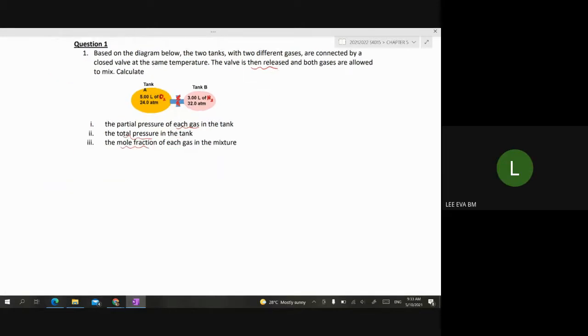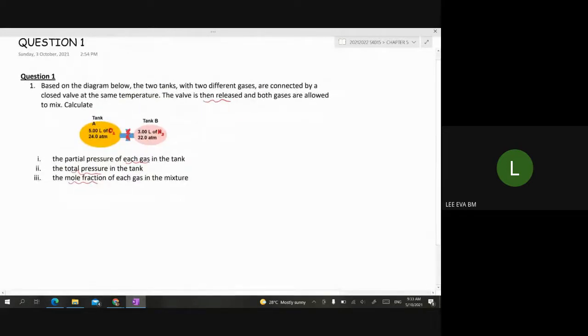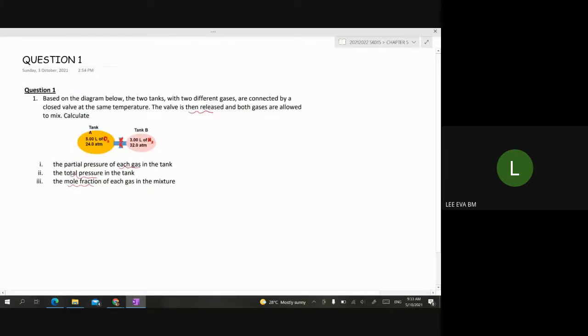Okay. So I will redraw the diagram. If for this kind of question you can't understand, always refer to a simple diagram. So let's say I redraw the structure. Here we have 5 liters of oxygen gas at 24 atm. This is tank B, 3 liters of nitrogen gas at 32 atm.